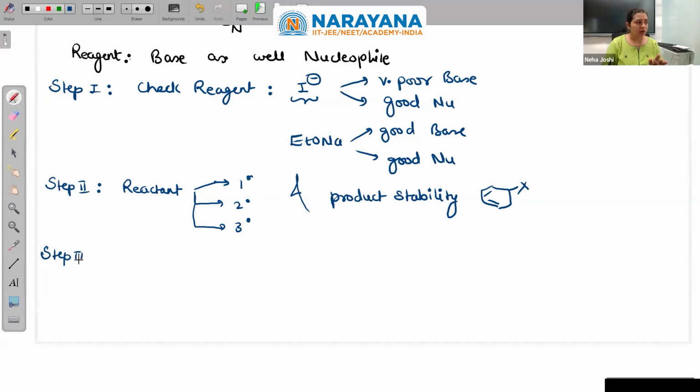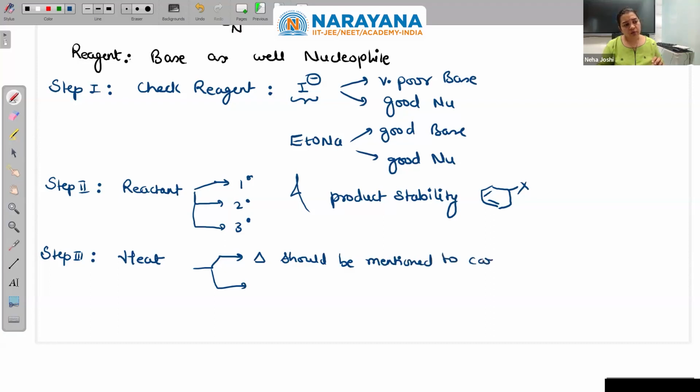Step number 3, you check heat, temperature, okay, whether this is given or not, because most of the time I can assure you that heat should be mentioned to carry out elimination. Okay, that is quite a basic requirement for a reaction in which elimination will dominate.